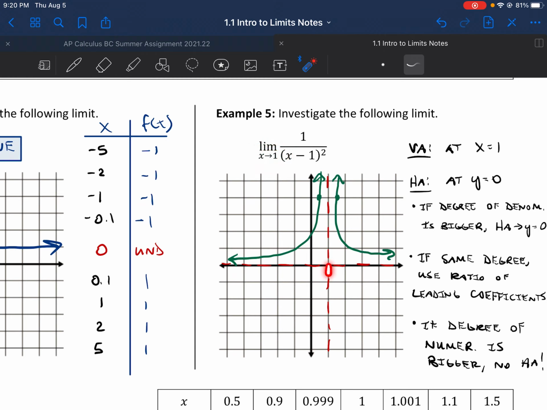Well, here's 1 right here. That's where the vertical asymptote is. And as the function approaches 1 from the left and the right, the y values are blowing up towards positive infinity. We call this increasing without bound.